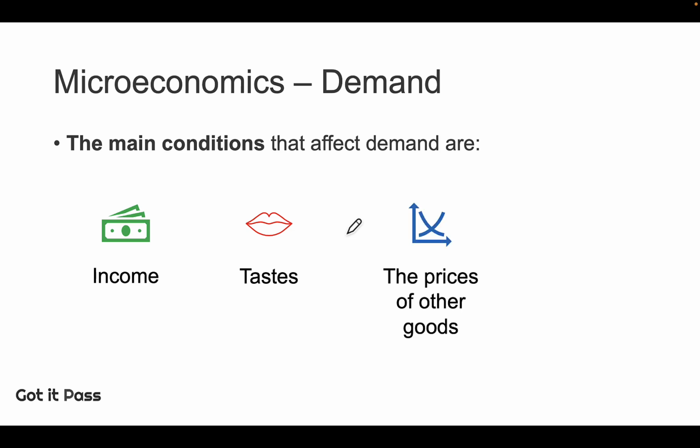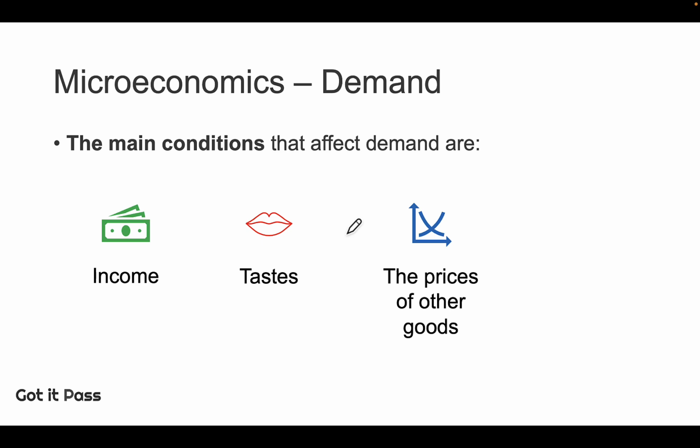And the prices of other goods. Sometimes goods may be unrelated, or they may be complements or substitutes for each other. If they are unrelated, there should be no effect given the price change.